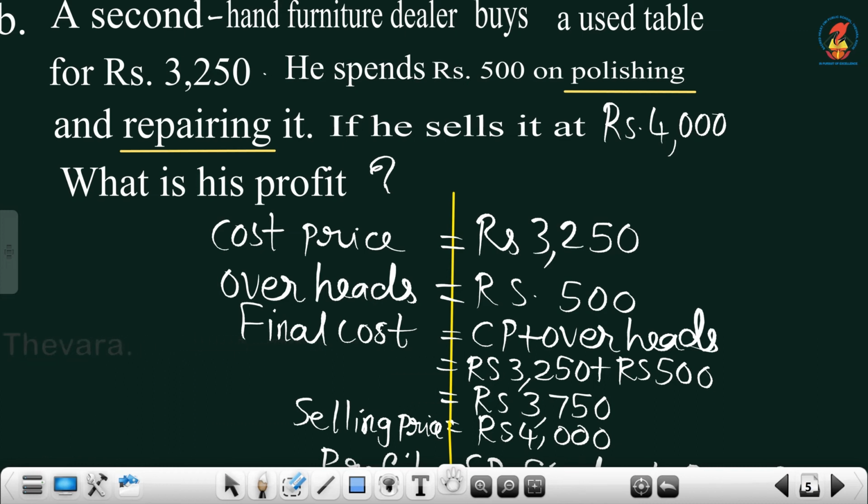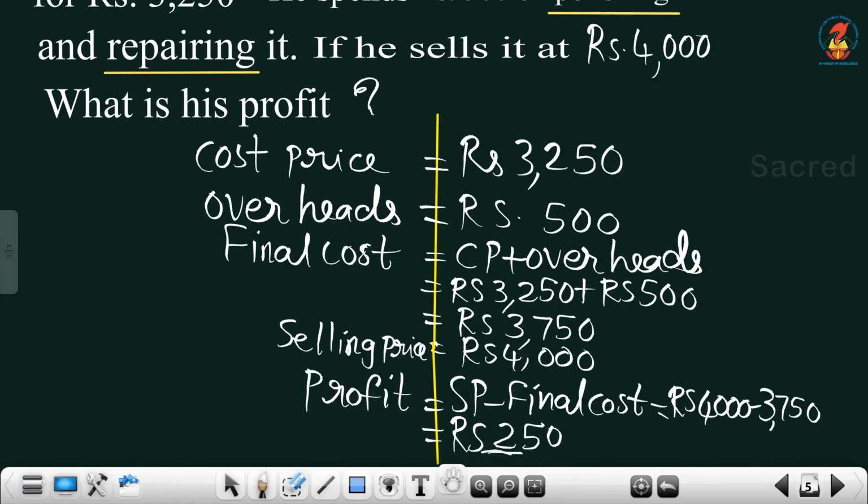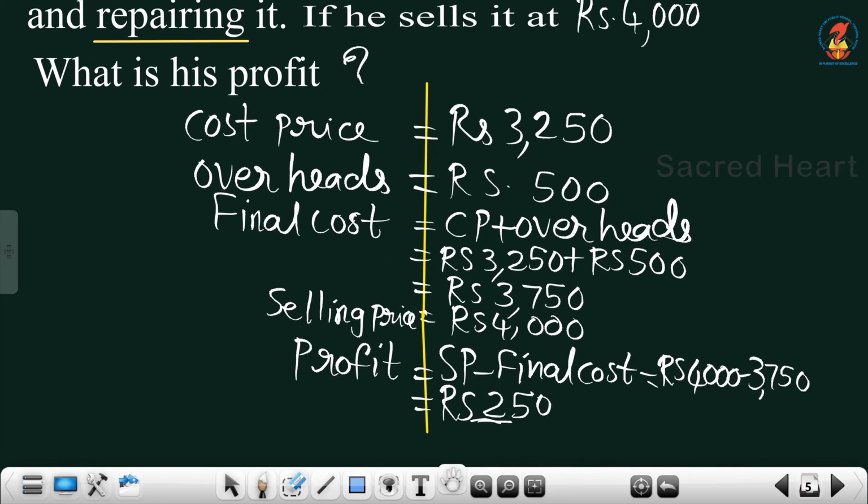Answer is 3750. Then selling price is rupees 4000. Then profit equals SP minus final cost. That is rupees 4000 minus 3750. Answer is rupees 250. Rupees 250 is his profit. Okay.